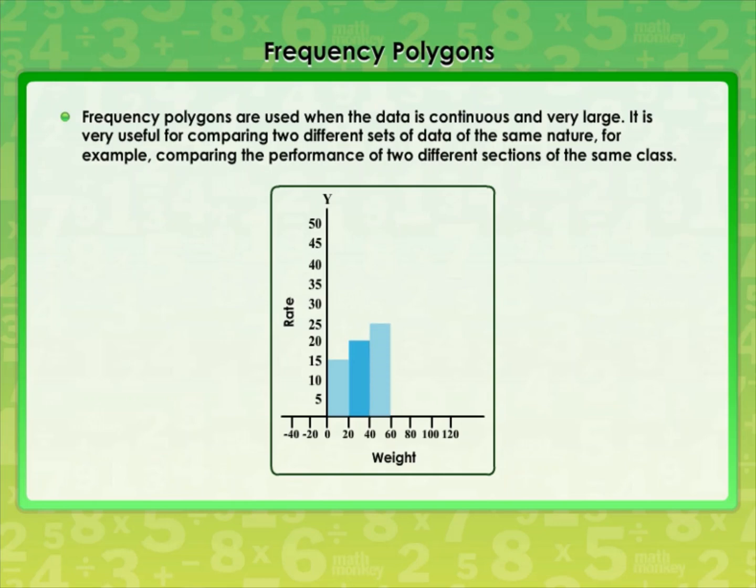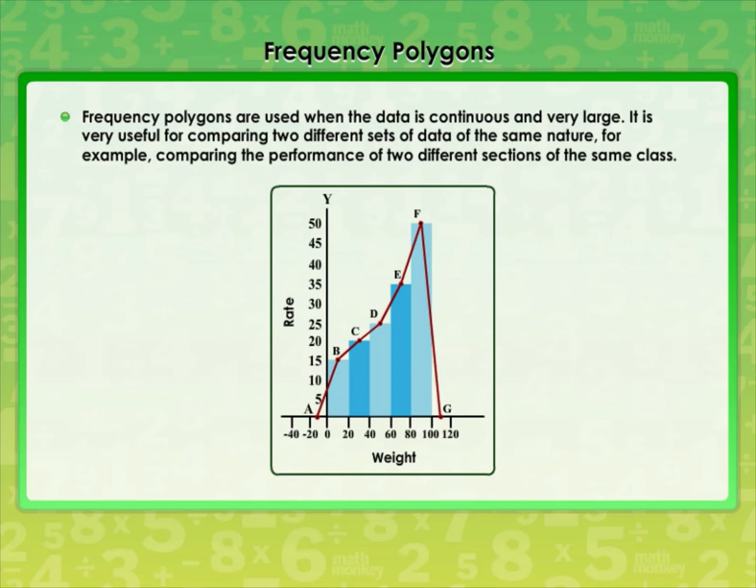But how do we complete this polygon when there is no class preceding the first class? For this, consider an imaginary class interval of -20 to 0 before the first class interval given in the table. Also consider the class interval of 100 to 120 after the last class interval given in the table.